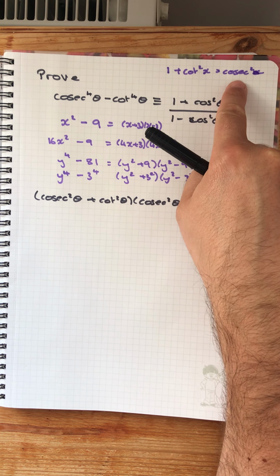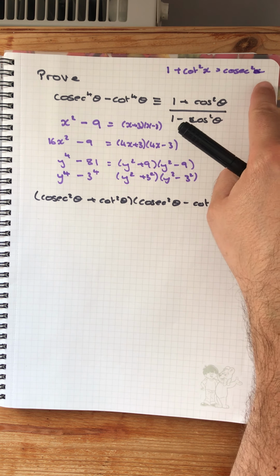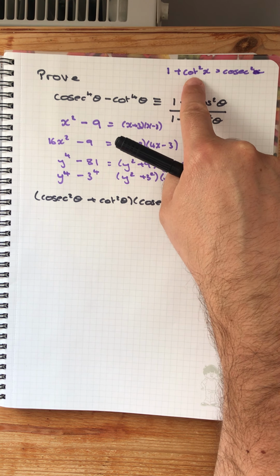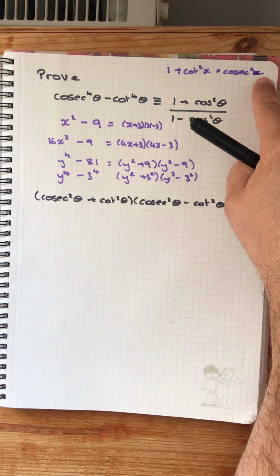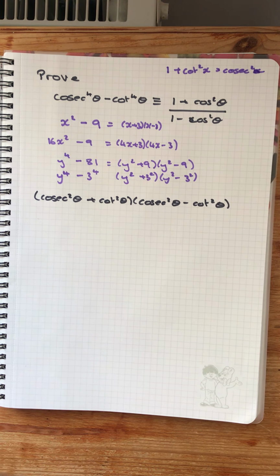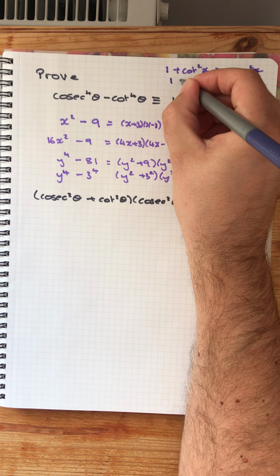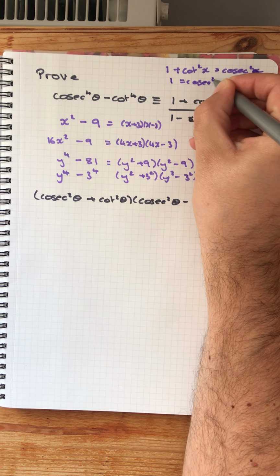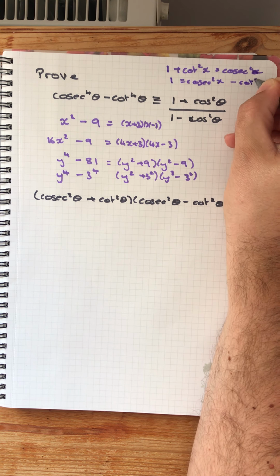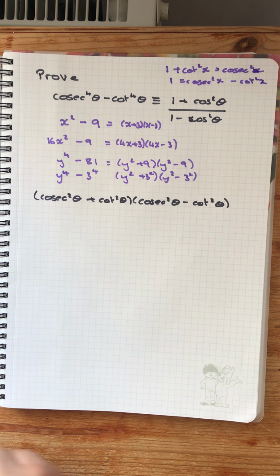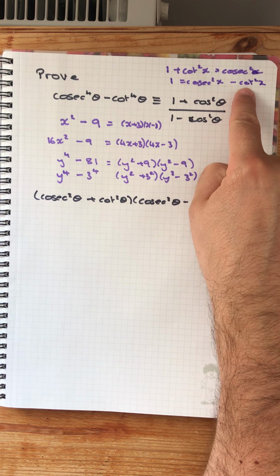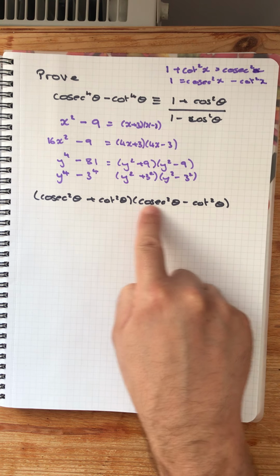Well, they're on different sides, so I need to obviously group them together. So I'm going to have to bring that cot squared x over to the other side. And if I do, then I'm going to get 1 is equal to cosec squared x minus cot squared x. Cosec squared x minus cot squared x, that's what we've got here.